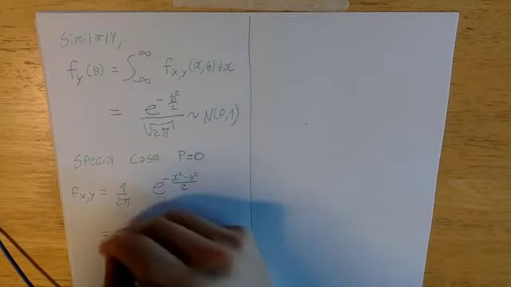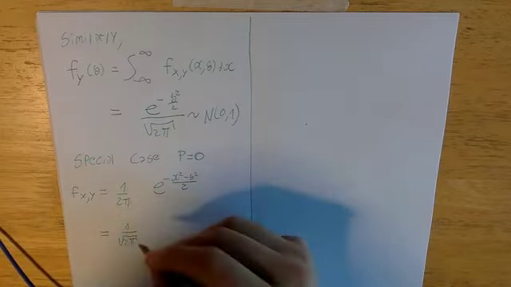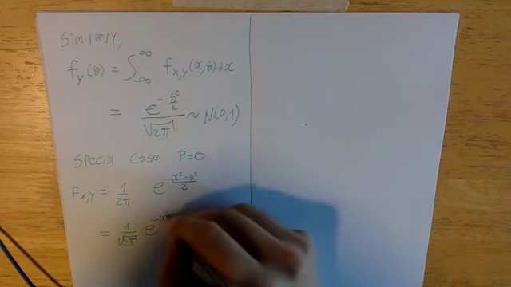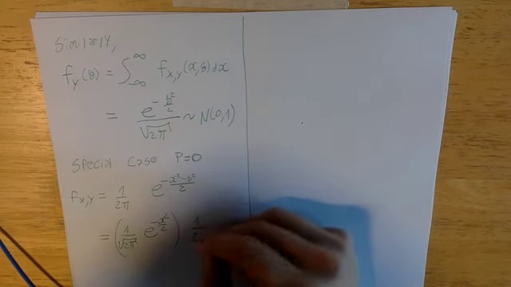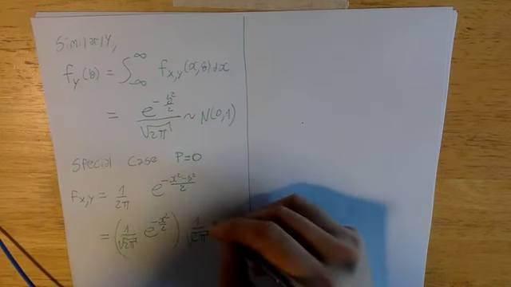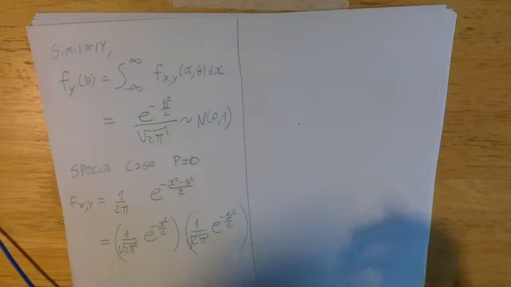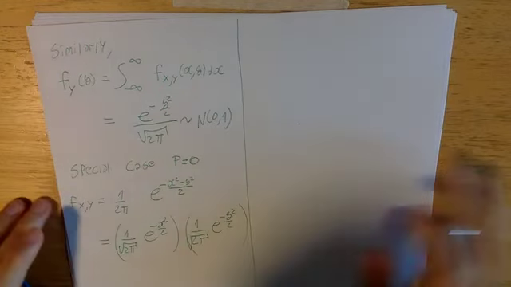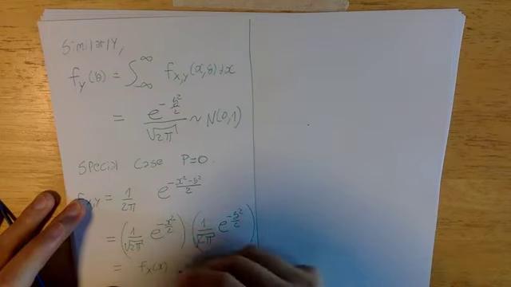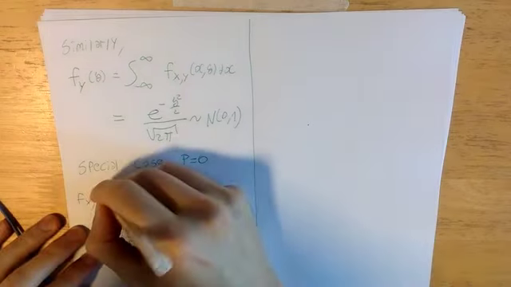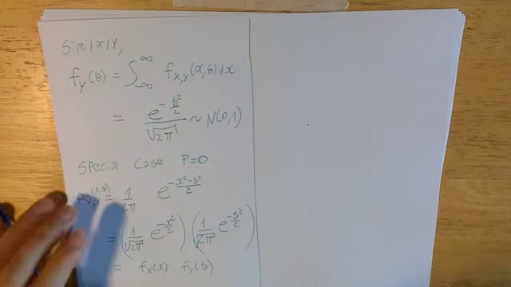But this is equal to 1 over the square root of 2 pi e to the minus x squared over 2 times 1 over square root of 2 pi e to the minus y squared over 2, like this. And this is the marginal of f of x at x times the second marginal at y.